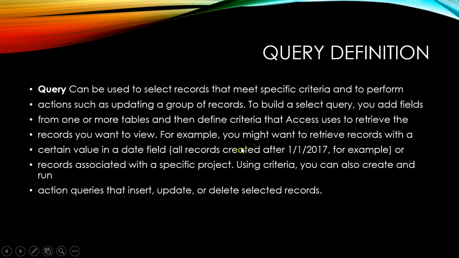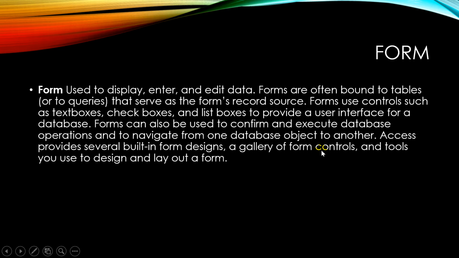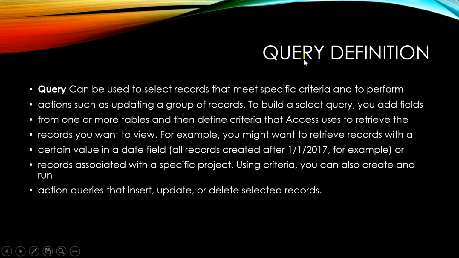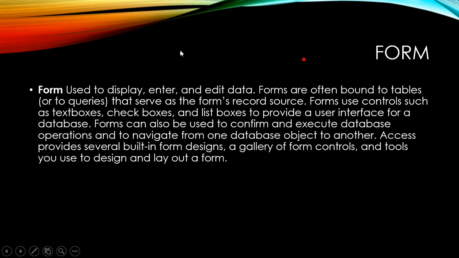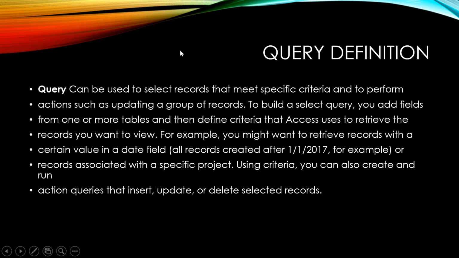For example, you might want to retrieve records with a certain value in a data field, or records created after 1/1/2017. What does query mean? Query means a question. It means when you want to select a record, you can use a query.